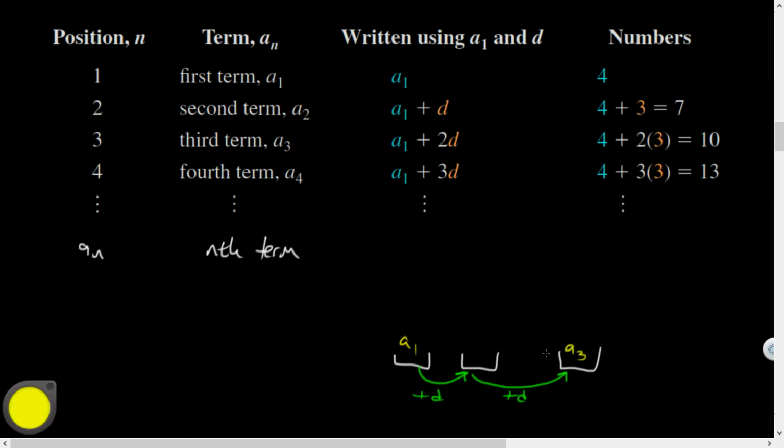Right, the third term is 2 jumps away from the first term. The fourth term is 3 jumps away from the first term. You guys agree? So if I want to find the nth term formula, I could find the nth term. It's going to be the first term plus what number of common differences?